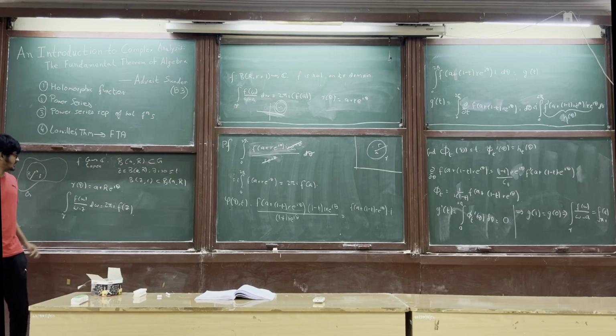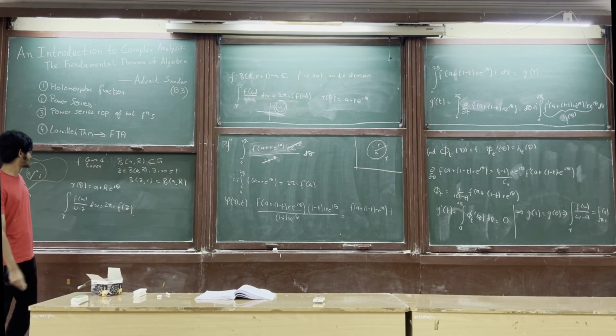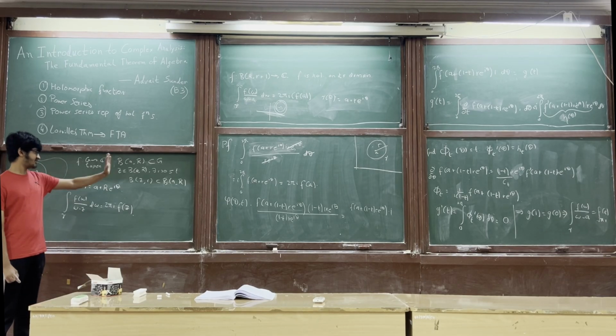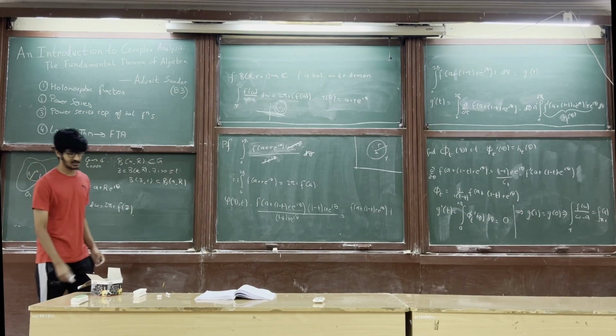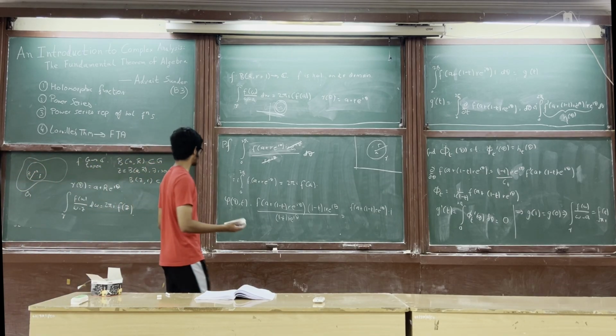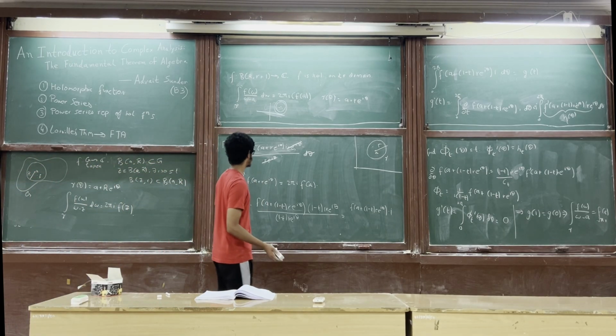This is a very important lemma, or rather theorem I should say, and this will very directly give us the fundamental theorem of algebra. So I should get through this.